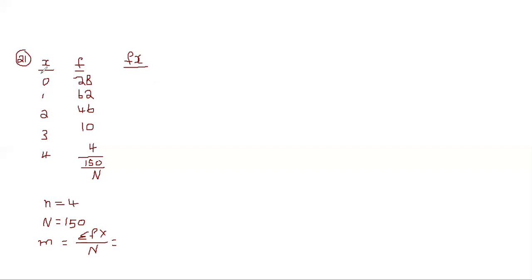It means 0 into 28, 0. 1 into 62, 62. 2 into 46, 92. 3 into 10, 30. 4 into 4, 16. Now find the total of this, that is sigma fx. So the total of it is 200.